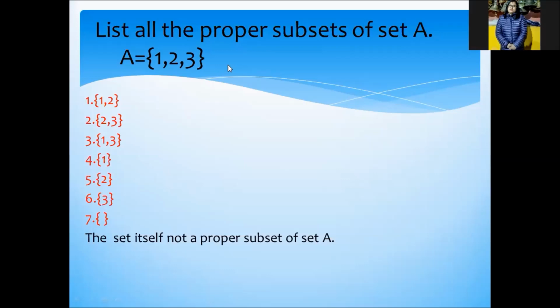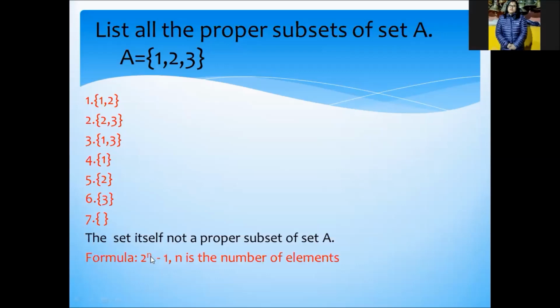So there is also a formula to find the number of proper subsets. In this example, how many elements are in set A? Okay, there are 3 elements. We have found 7 proper subsets. If there are more elements, how do we find the number of proper subsets? Okay, you can use this formula.